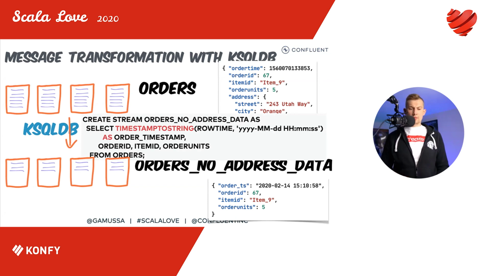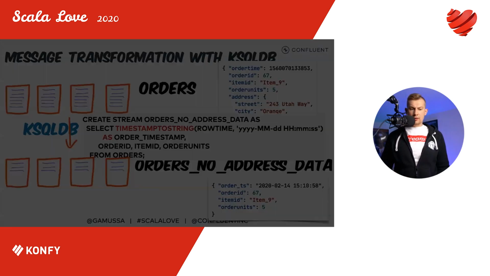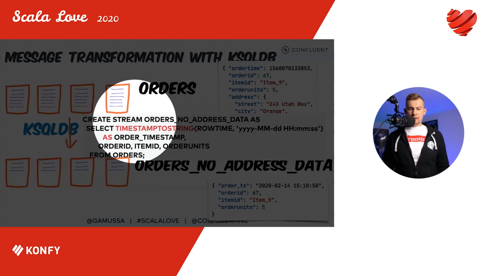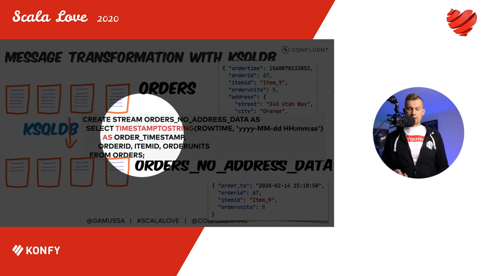We're creating the new stream where we have only those fields, but you can also see here there's a function that we can execute on particular fields. In this case, we're extracting the timestamp from the previous stream and creating this row time, which is a service column that will be part of the new stream and used as the time for the new stream.